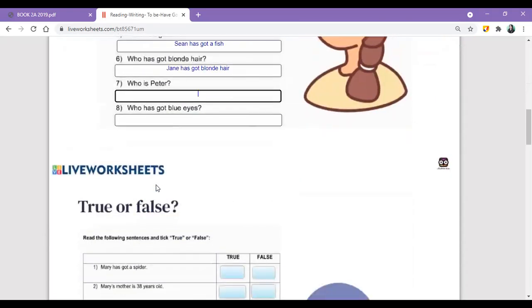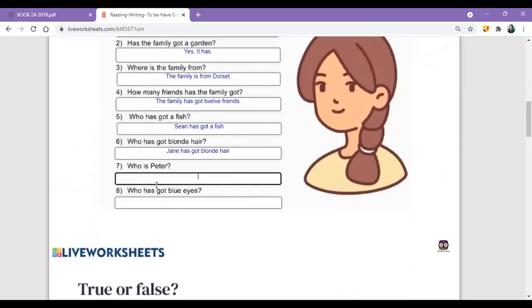In this case, we are not going to say Peter is son of Mary. We are going to say Mary's son. Who is Peter? Peter is Mary's son. We are going to use the possessive, okay?